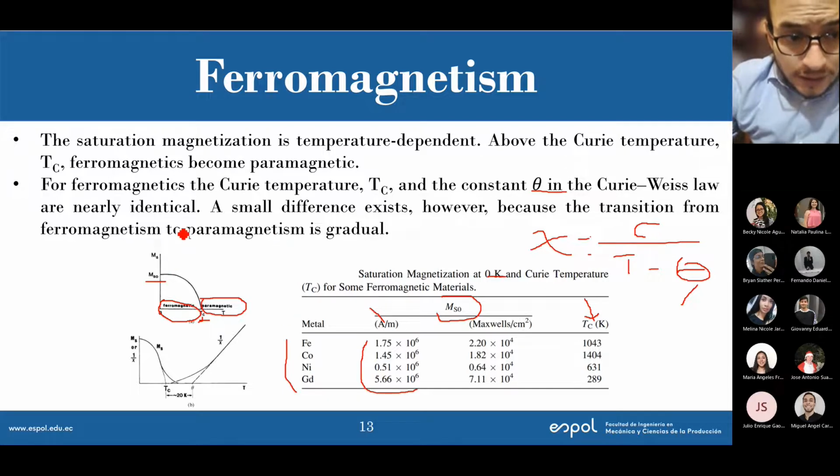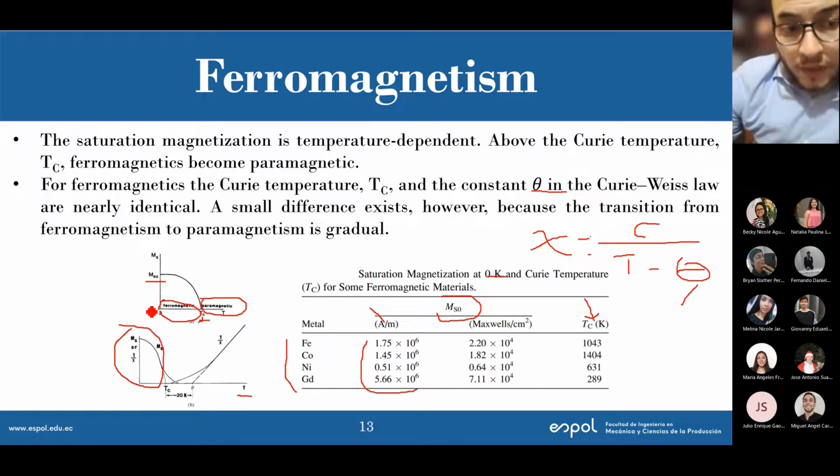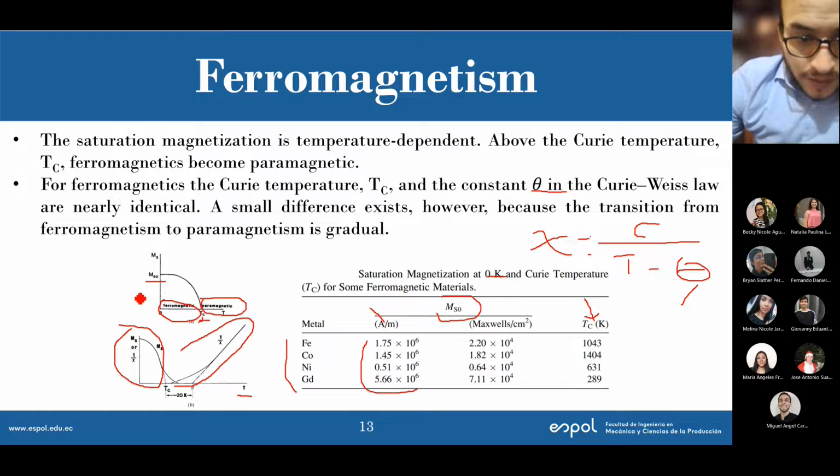So you can see the saturation magnetization with temperature, what happens when it's a ferromagnet. It decreases, right? And once it becomes paramagnetic, then it increases. And actually, you can already start seeing this.